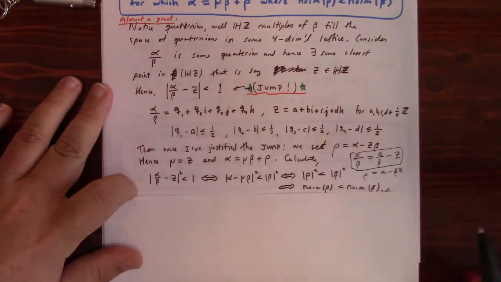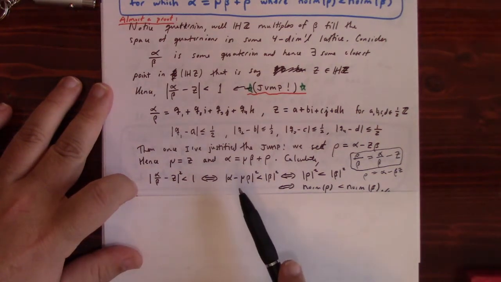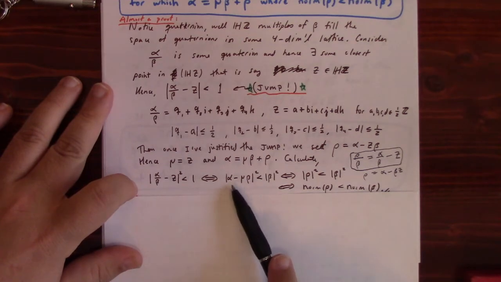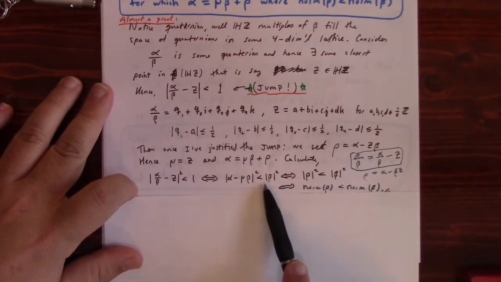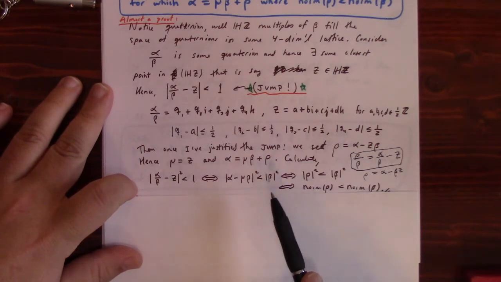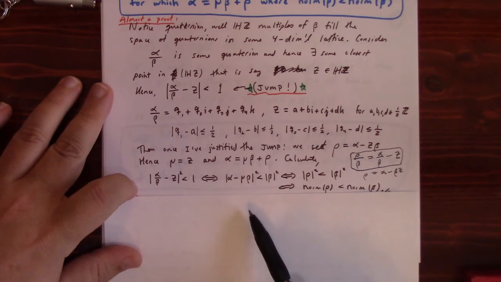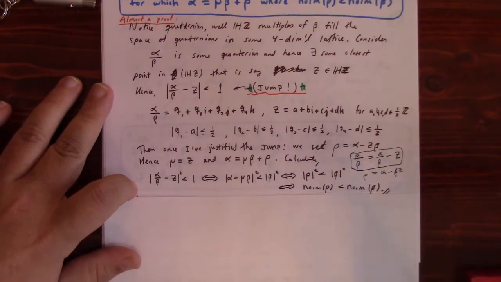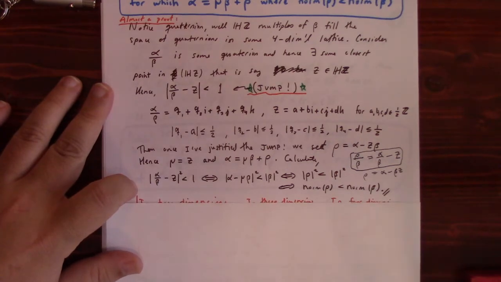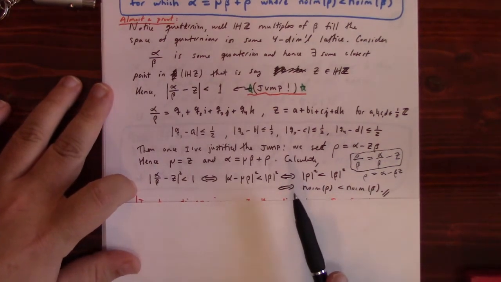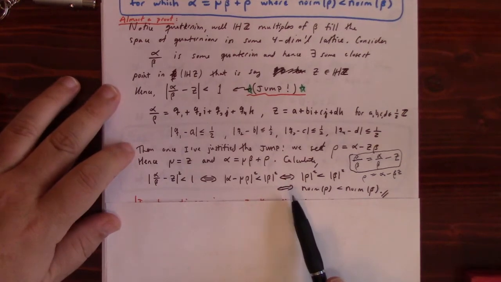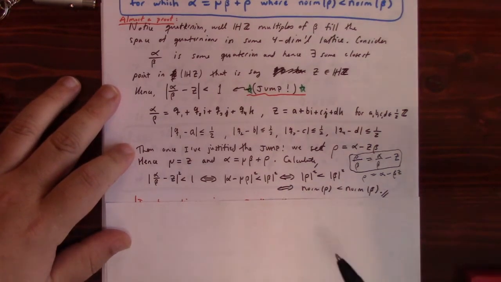Remember, z equals mu. So alpha minus mu beta is less than the norm of beta. Sorry, guys. I'm having a... I don't know... Sorry, I'm just stuck on something here for the moment.